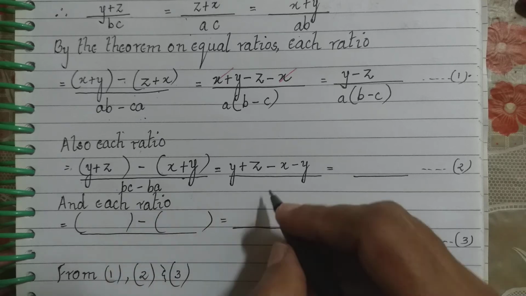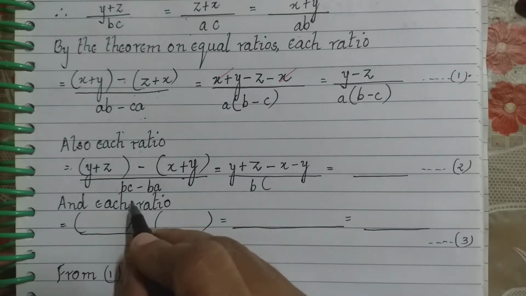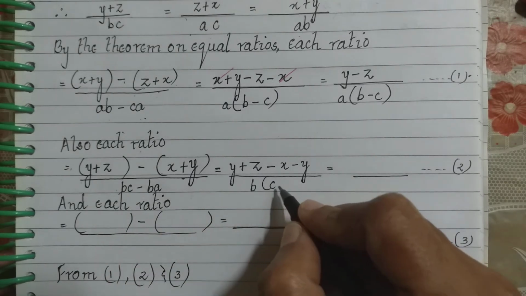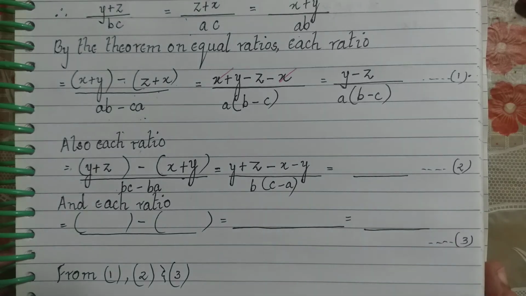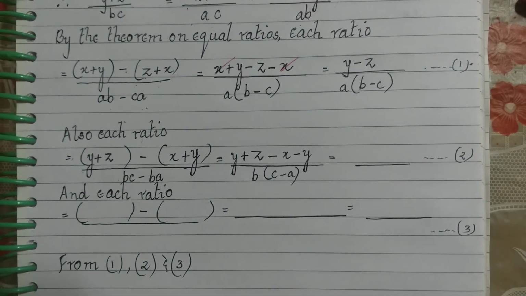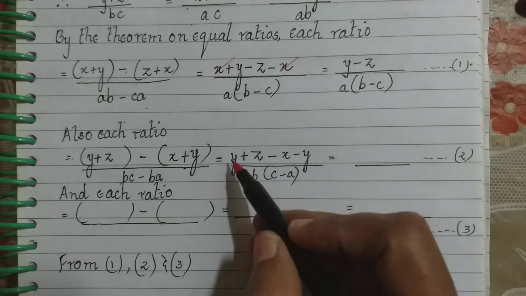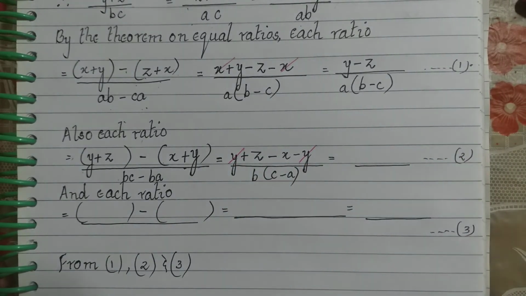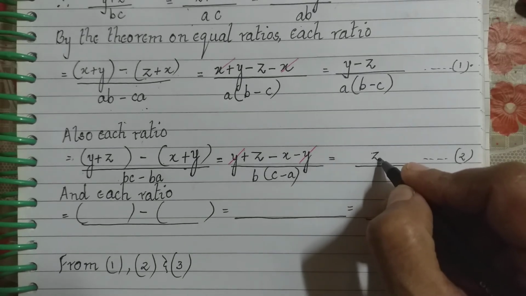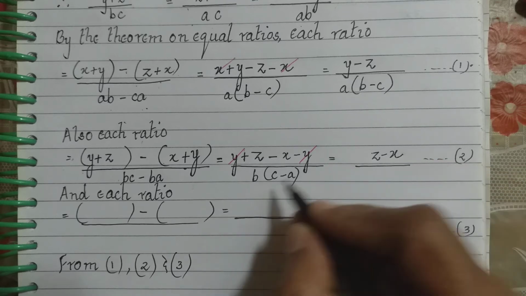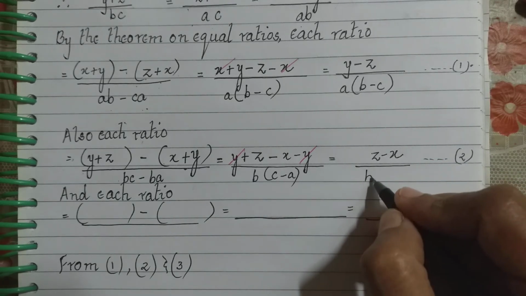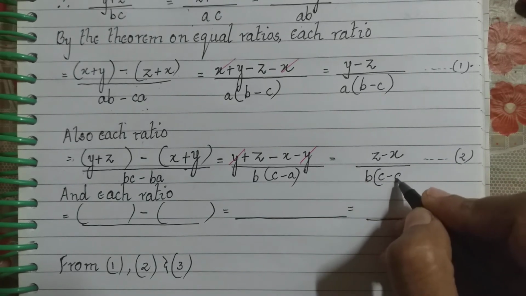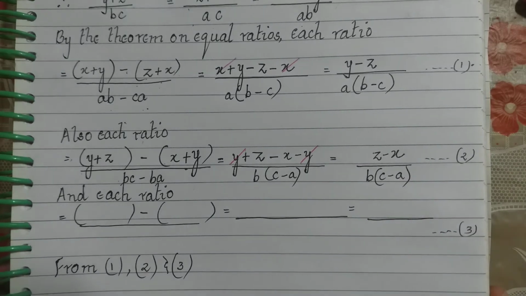Now in both of these b is common, so b is out. What will be left in the bracket? c minus a. Now in the numerator we have plus y minus y, which cancel. What is left now? z minus x. So I write here (z − x) upon b into (c − a) and number it as 2.